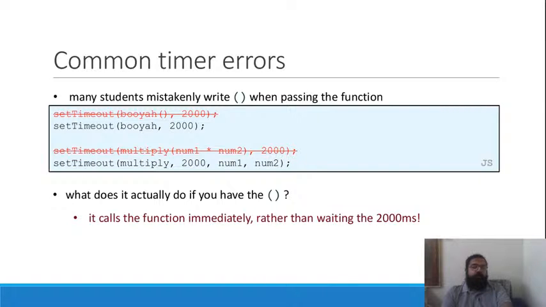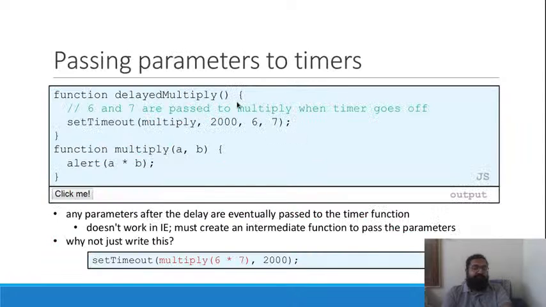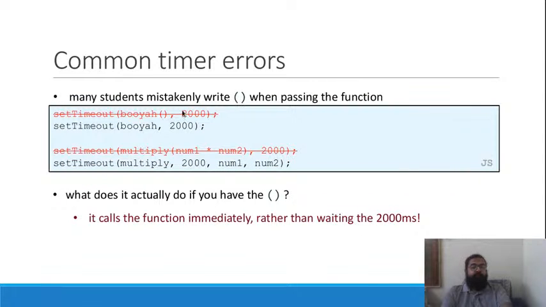There can be common mistakes like this. Like setTimeout(booyah()) is called with empty parentheses, so you don't have to write the empty parentheses because you are passing the reference, and then the milliseconds. And you have to pass the parameters after the milliseconds.